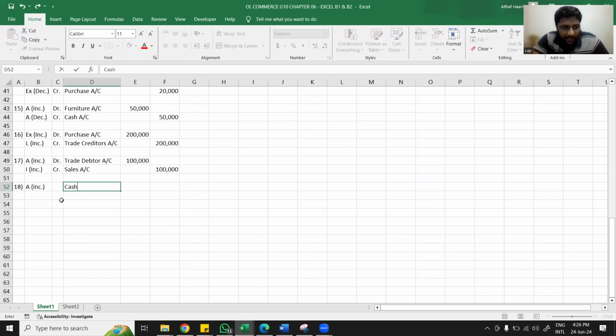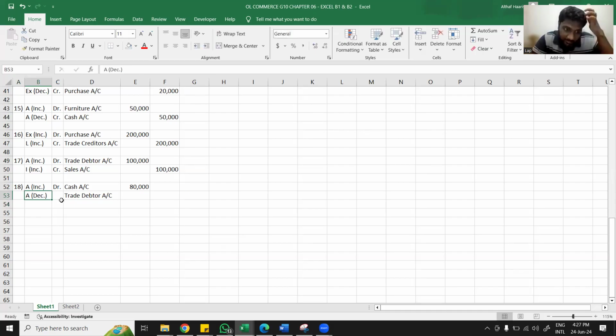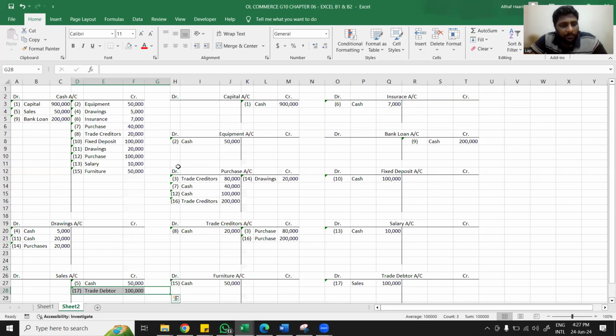Cash asset increasing, debit. Trade debtor, asset is decreasing, credit. Cash debit, debtor credit. 80,000.